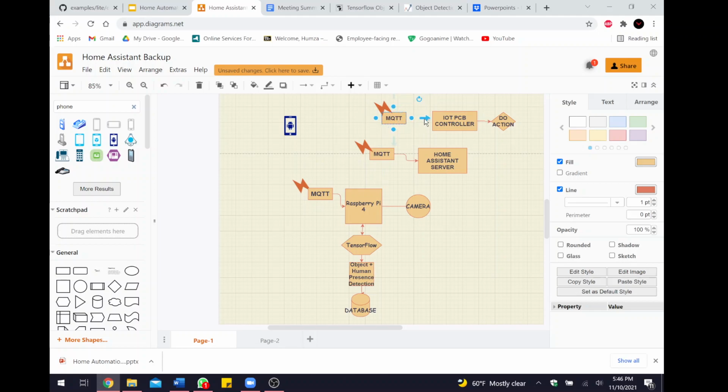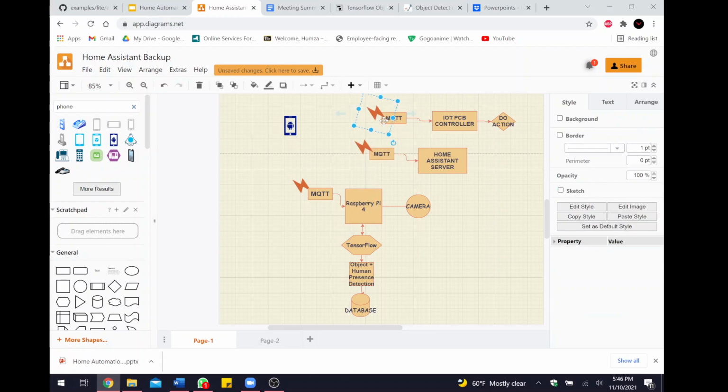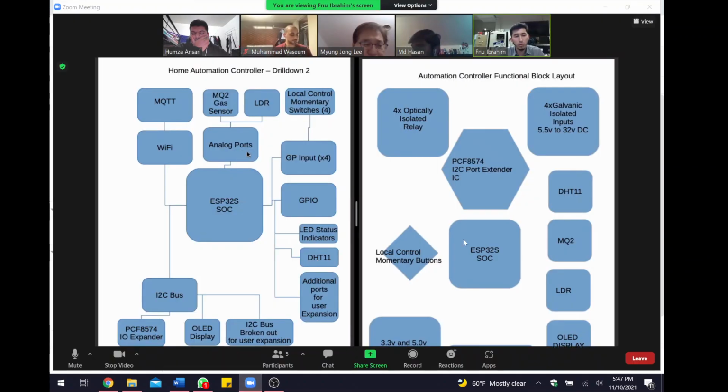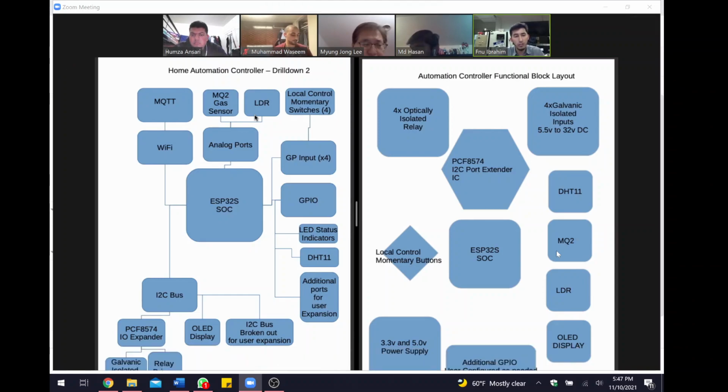Here I have the IoT PCB controller. The left side is very detailed, and I'm going to start from the ESP32, which is nothing but a system on chip, and it has analog pins. The analog ports are connected to an LDR, which is a light sensor, and then Q2, which is a gas sensor.